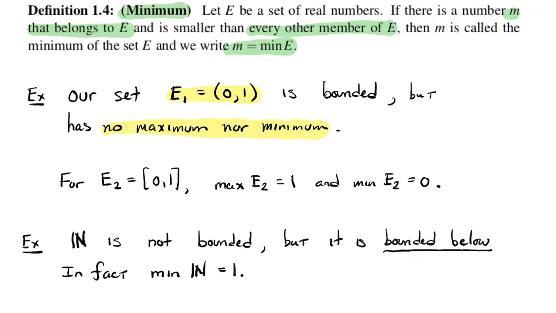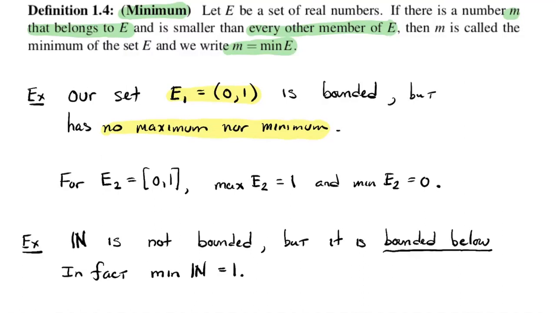And in fact, any number that belongs to that set E1 is not an upper bound for E1. For example, take the number 0.9. Well, 0.99 is bigger than that and still an element of the set E1. This is one of the natures of sets of real numbers. That set E1 is bounded. It has an upper bound, but it doesn't have a maximum.